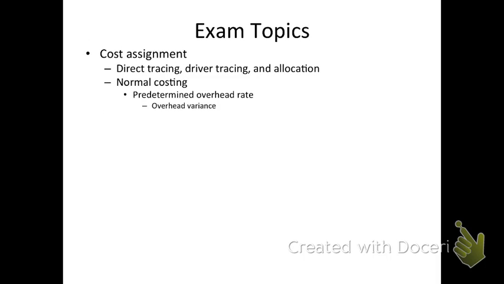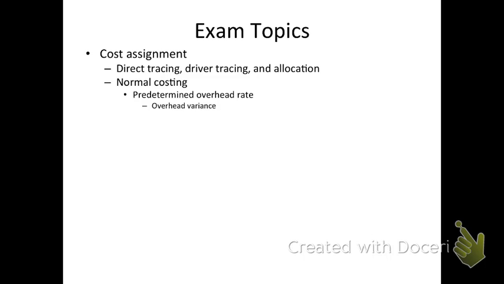Then cost assignment, understanding the difference between direct tracing, driver tracing, and allocation, and understanding the accuracy implications of each. Normal costing, we talked about overhead, and in normal costing, assigning actual materials, actual labor, and then an applied amount of overhead, and we get that applied amount of overhead calculating a predetermined overhead rate.